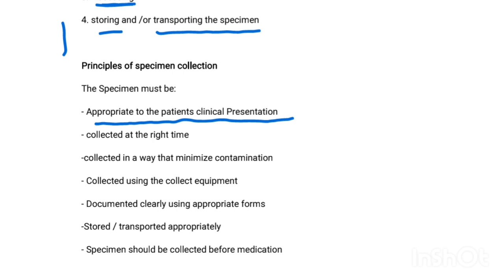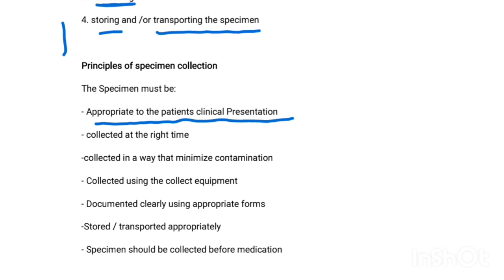Blood counting, we know that we have to collect the blood sample in a purple top container. So since it's a blood sample, can we use a red top container? No, we can't use it, because though a red top container can be used to collect blood, it can give clotted blood which cannot be of use when it comes to full blood count. So we make sure we collect a correct specimen according to the clinical presentation that the person is presenting.